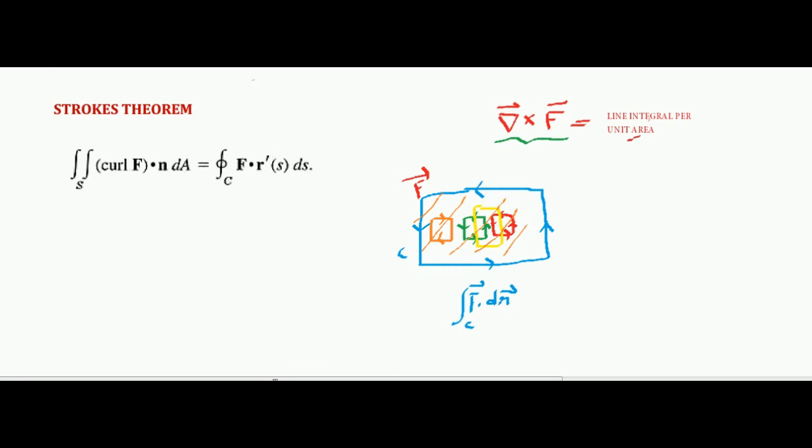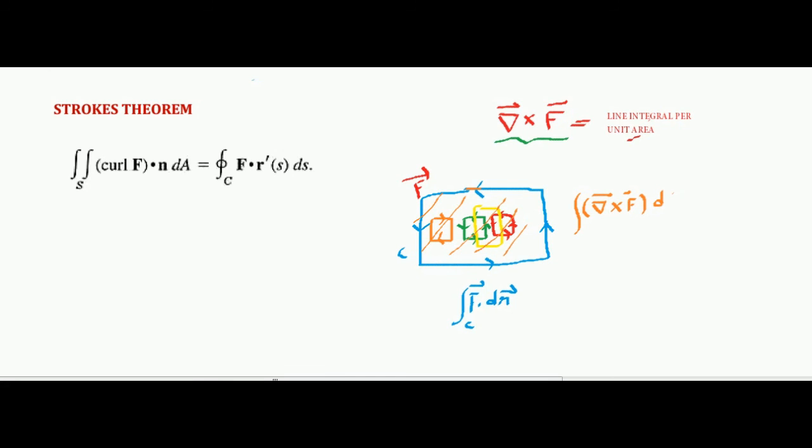Now the total line integral for this entire area will depend only on the line integral on the particular curve. So since curl is my line integral per unit area, the total line integral is obtained by multiplying this curl, that is line integral per unit area, to the total area.